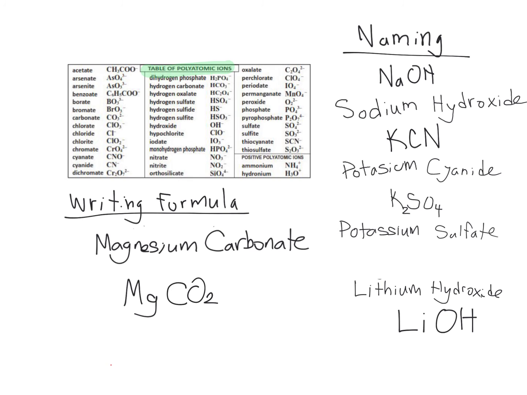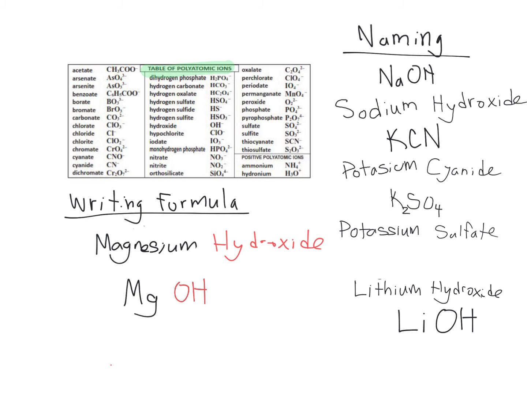Now let's explore an example where they don't cancel out. Let's say instead of magnesium carbonate, we had magnesium hydroxide. So hydroxide. Now we recognize that from earlier, hydroxide is going to be that OH ion.